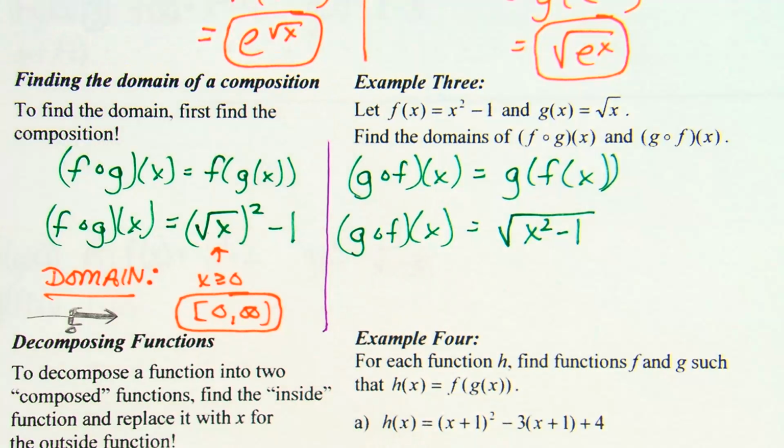Okay. So, start thinking about this one. We have to figure out what kind of values we can put into x. Any thoughts? We have already talked about this this year.